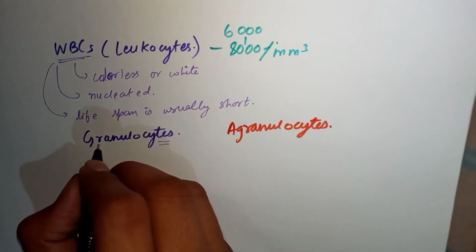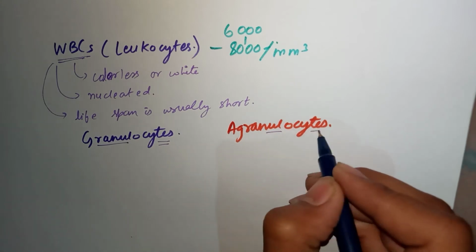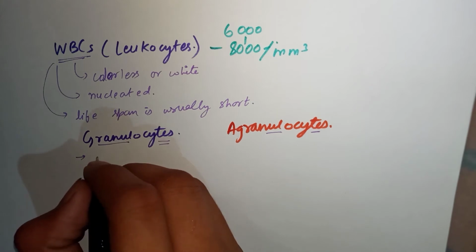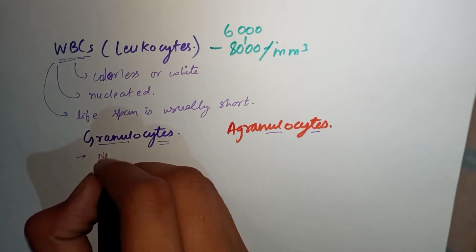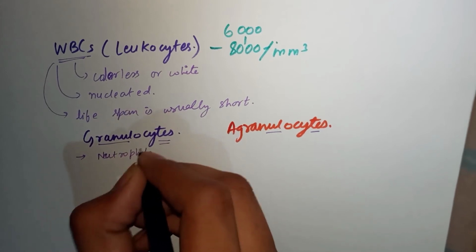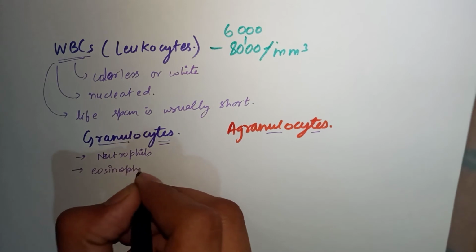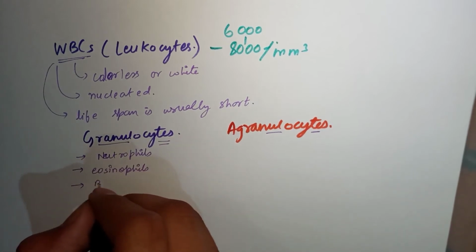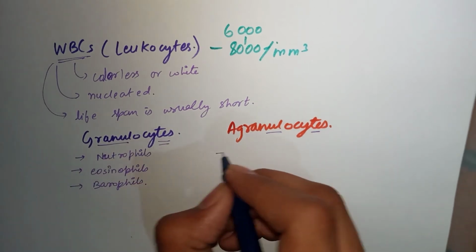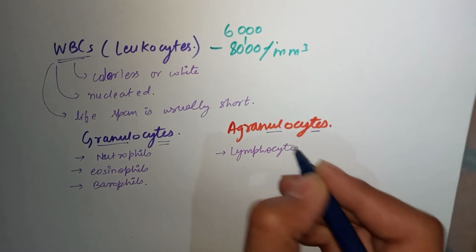So they are known as granulocytes, and those which lack the granules are known as agranulocytes. In granulocytes we have three types of cells, which are neutrophils, eosinophils, and basophils. And in agranulocytes we have lymphocytes and monocytes.